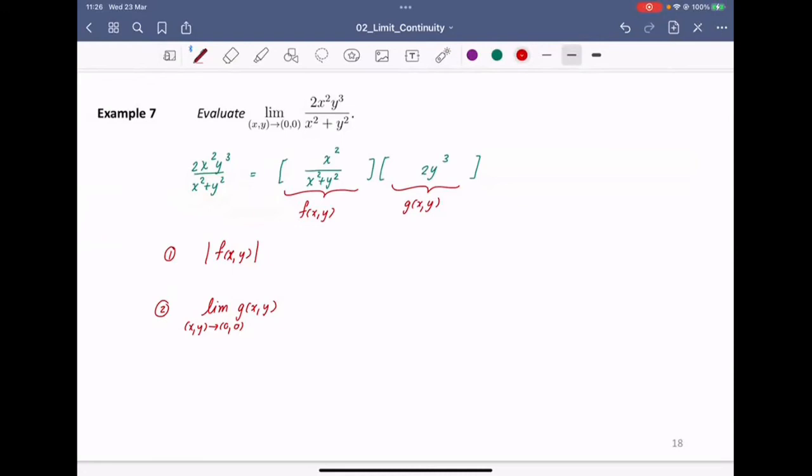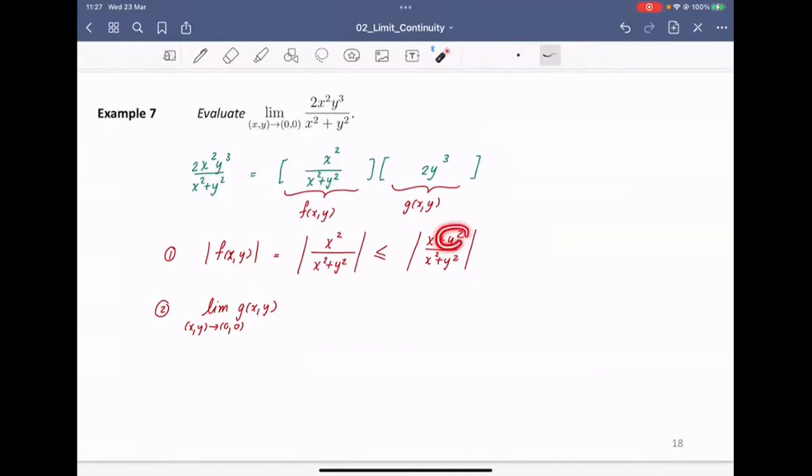So f(x,y), if you pick it to be x squared over x squared plus y squared, is less than or equal to x squared plus y squared over x squared plus y squared. You may have a question why. This is because you add y squared to the top.